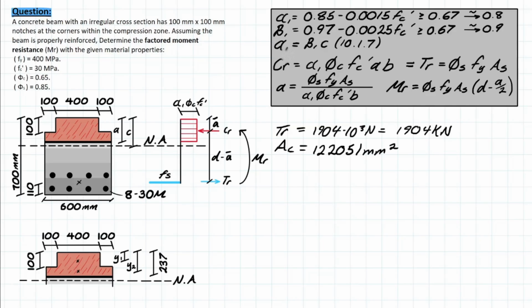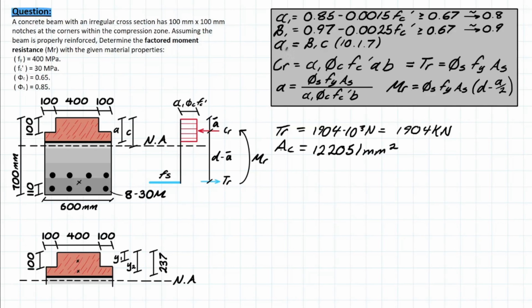Previously, in this formula, CR was based on A times B, but that's no longer the case because we have these notches taken out, and that area represented a perfect rectangular section for this compression block. So we need to figure out what the equivalent would be when we remove these sections.